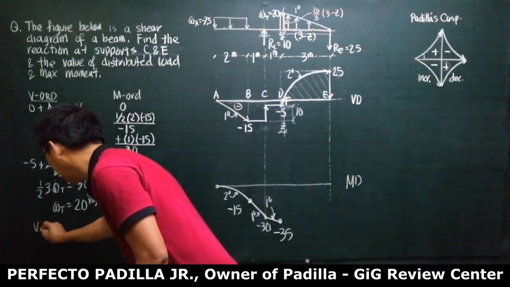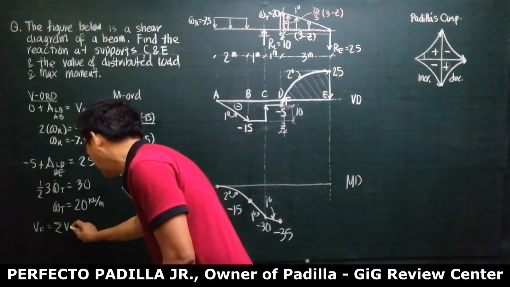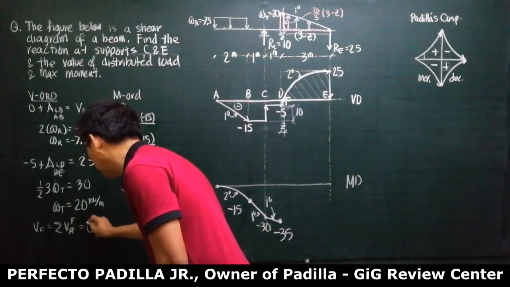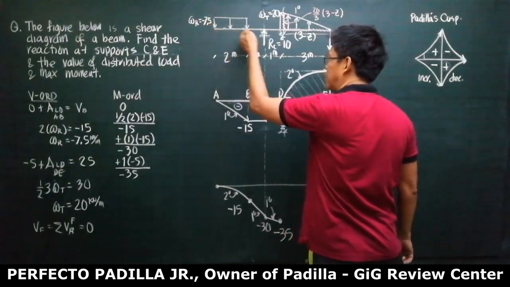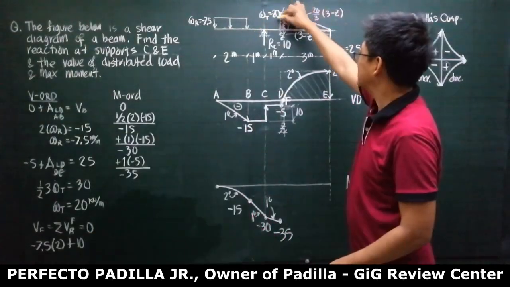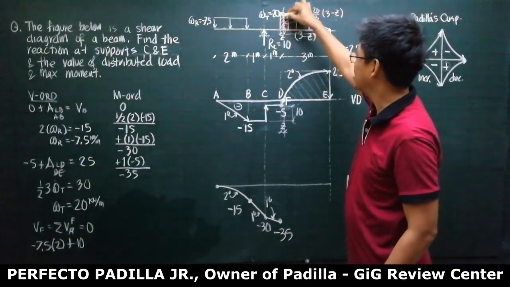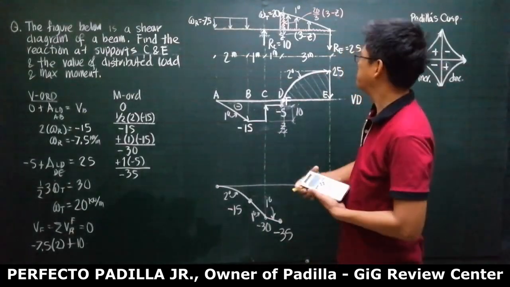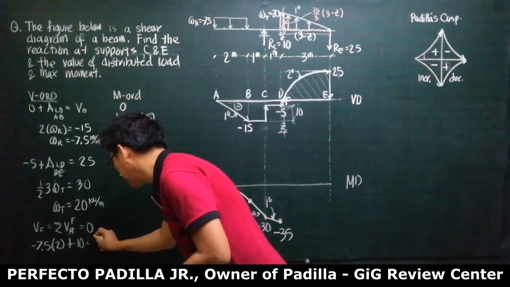So, the shear at F is equal to the summation of shear or vertical force from left or from A to F. And this is equal to 0. So, it is minus 7.5 times 2 plus 10 plus this area. Take note this is plus because this is upward. But this area is a trapezoid. So, it would be average height 20 plus this. So, that is positive.